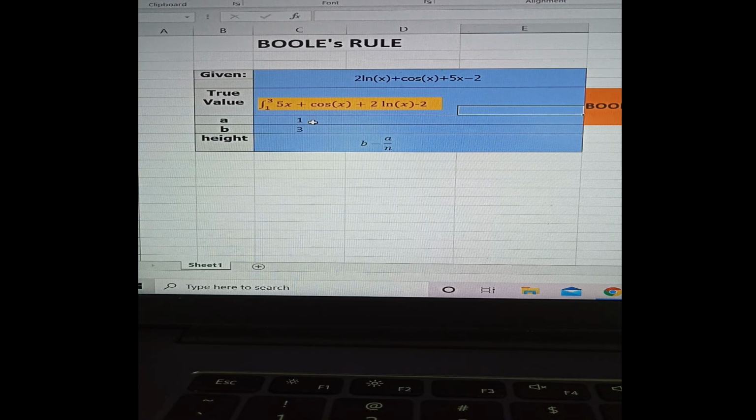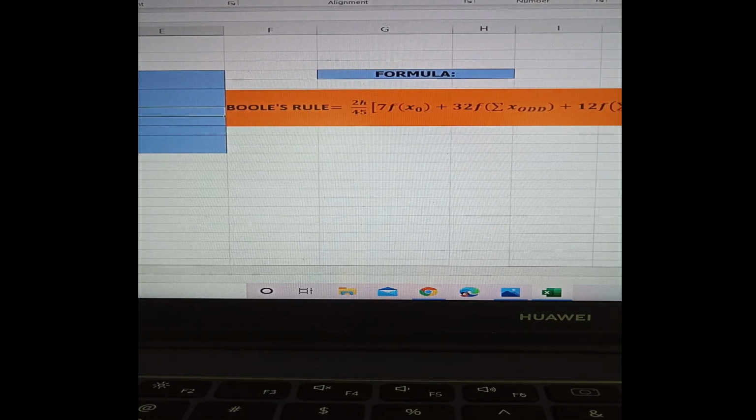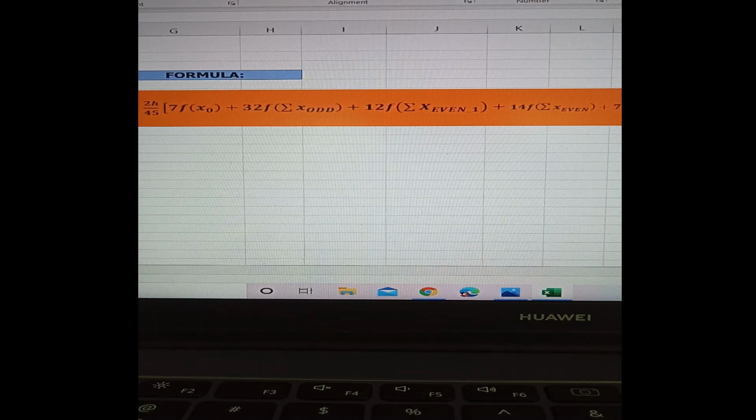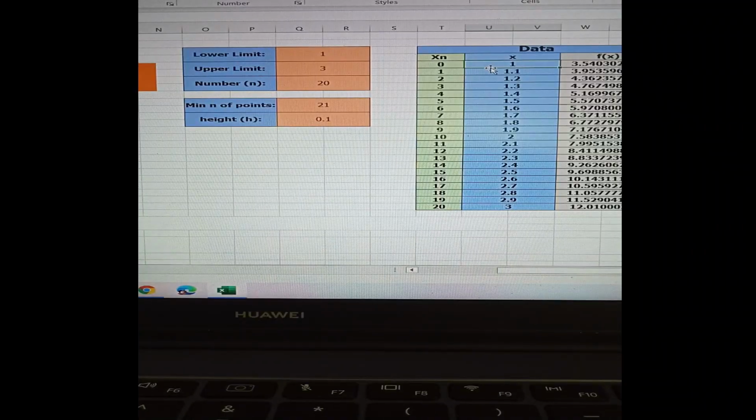The A is 1, B is 3, and to compute height, B minus A over N. To compute the Boole's rule, here's a given formula. Our lower limit is 1, our upper limit is 3, our N or number is 20, and the number of points is 21, and the height is 0.1.